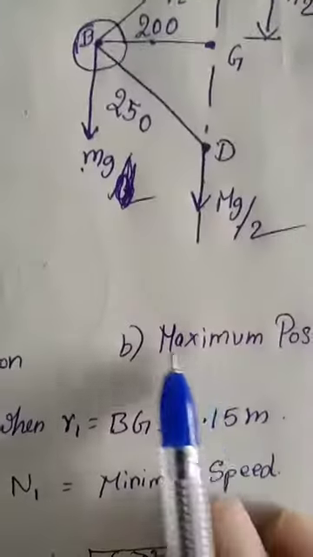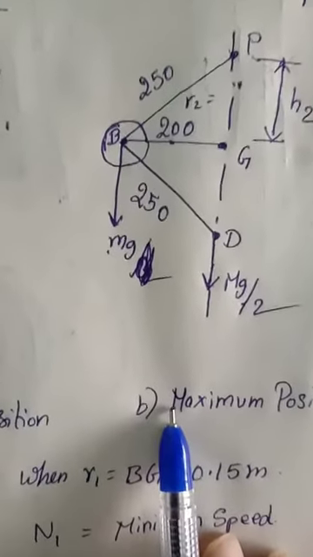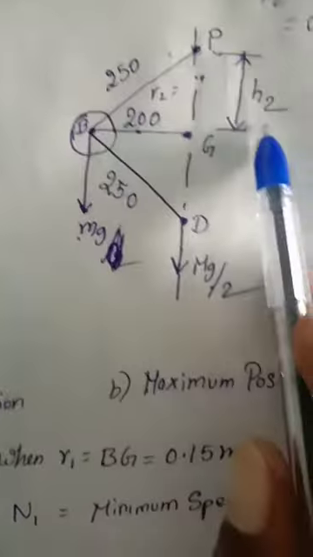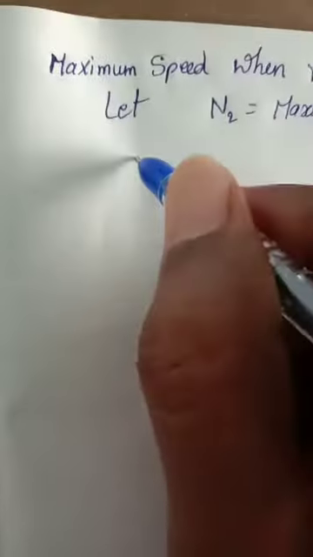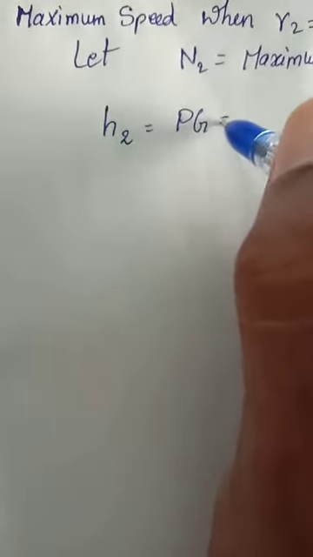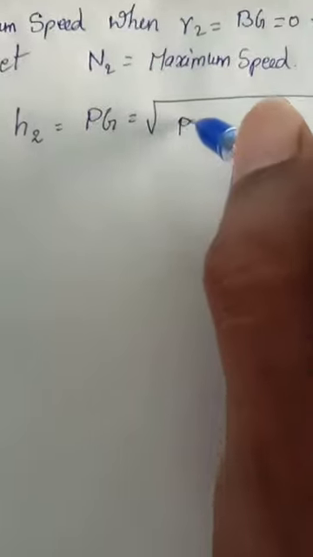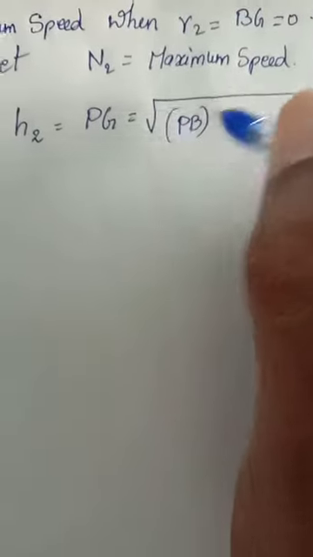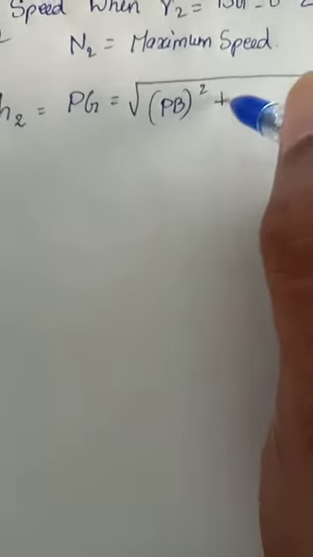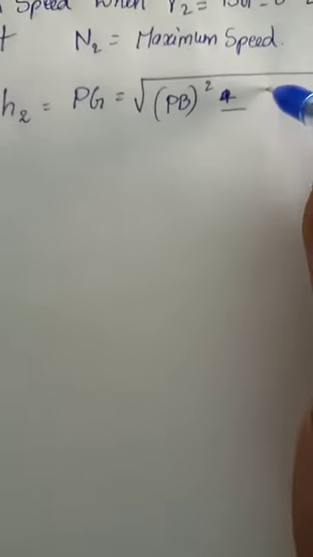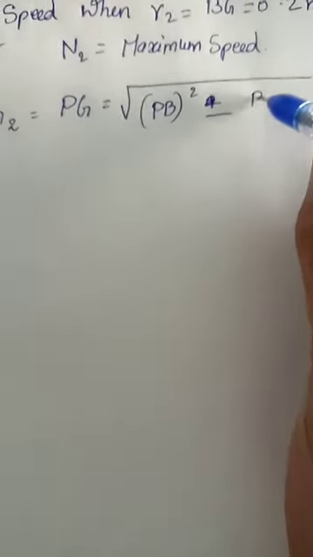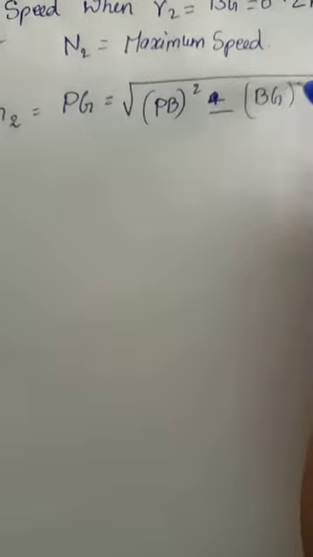So from figure B, we find the height h2. With a similar procedure, h2 is equal to PG, which is equal to the whole root of PB whole square minus BG whole square.